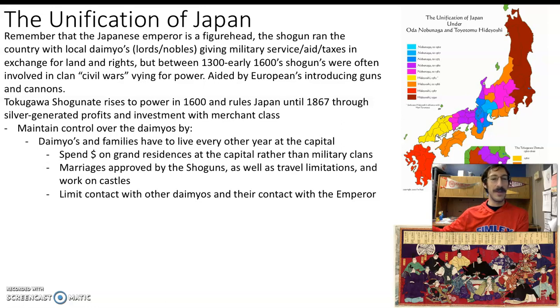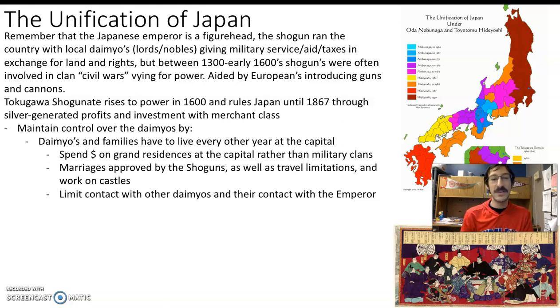Spending money on that, rather than on the military clans, essentially their samurai warriors, their local militias and armies, reduces their role and effectiveness, because they have to divide their money at home and in the capital to impress the other daimyos, the shogun, and the emperor.